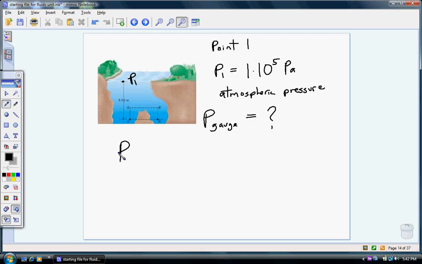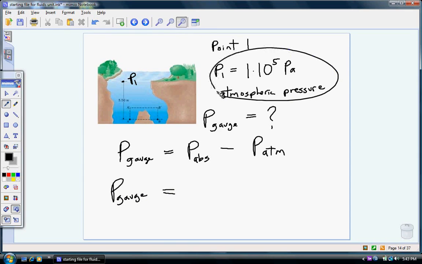Well, we know that gauge pressure is equal to the absolute pressure, the actual pressure, minus the atmospheric pressure. So if we're looking for the gauge pressure at that top point of the water, it's the absolute pressure. Well, what's the actual pressure there? 1 times 10 to the 5th pascals, minus atmospheric pressure, which is 1 times 10 to the 5th pascals.